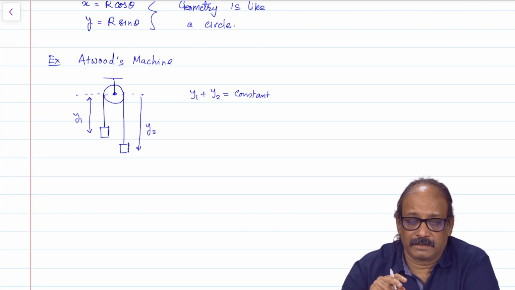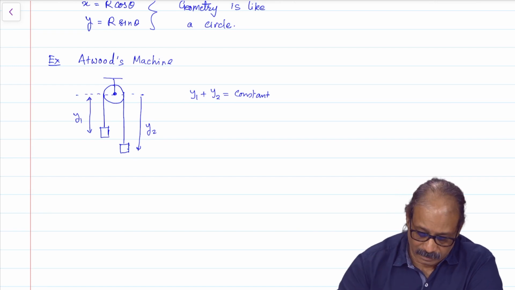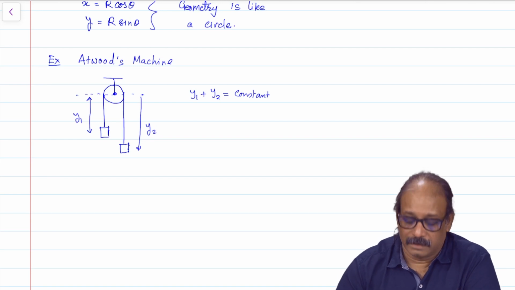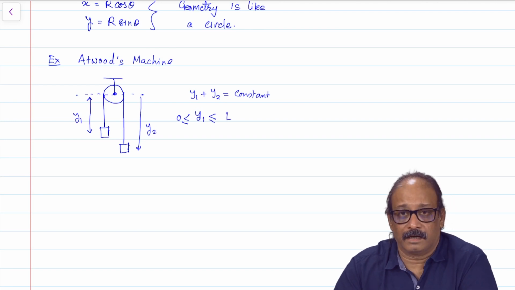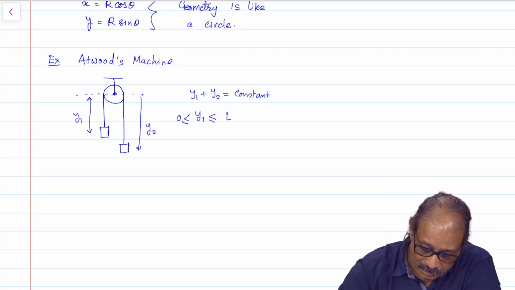Originally it was 2 dimensional with 2 coordinates y 1 and y 2, but now it is 1 dimensional and I can either use y 1 or y 2. But notice that if I use y 1, then the coordinate y 1 varies between 0 and some maximum length L, and the geometry of this one is that of a line segment.